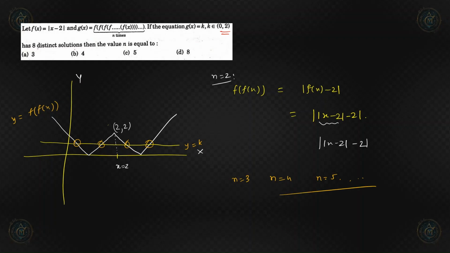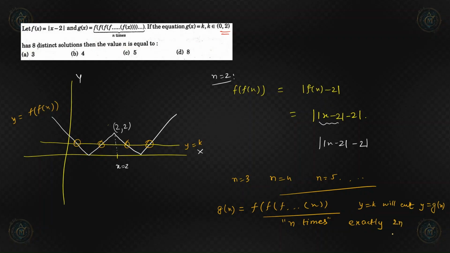If we take the composition n times and have this as g(x), then the line y equal to k will cut y equal to g(x) exactly 2n times, if k belongs to 0 to 2.